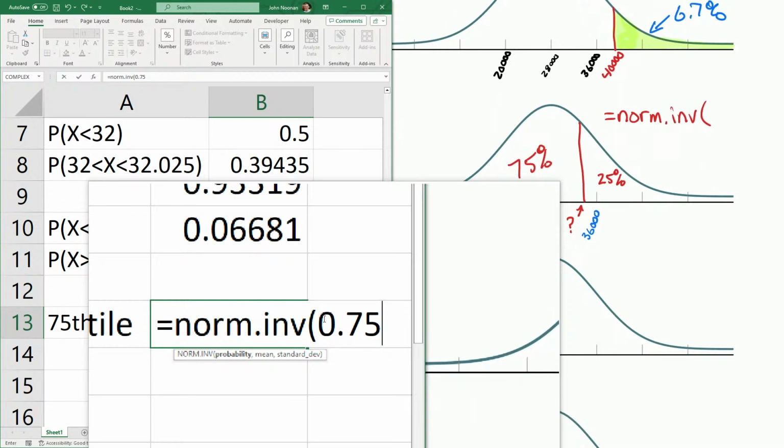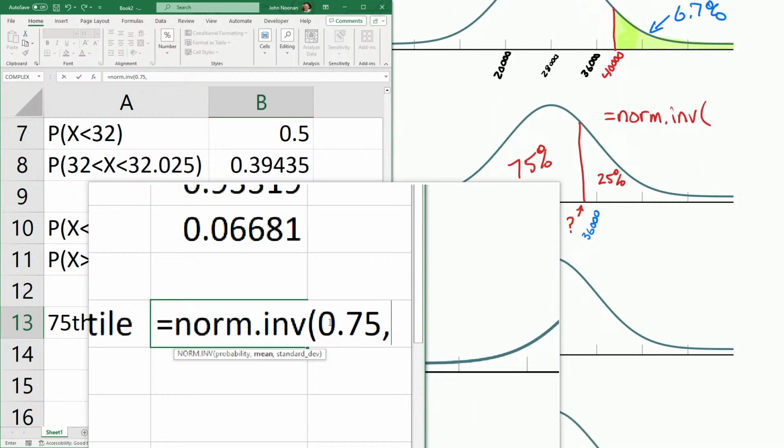You can either type this as 0.75 or type it as 75%. As long as you have the percent symbol, you're okay. So that's always going to be the percent to the left. Notice on my picture, the percent to the left of my answer is 75%.